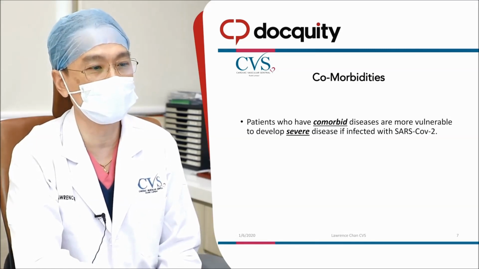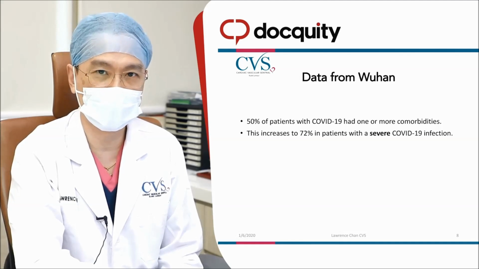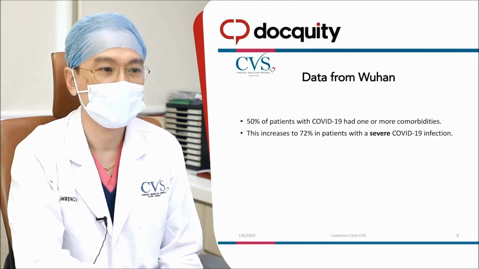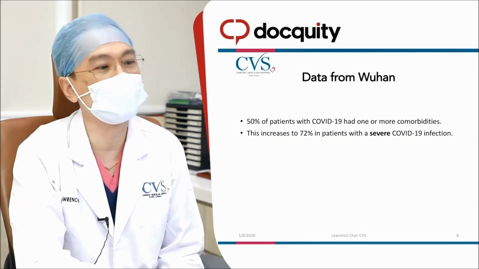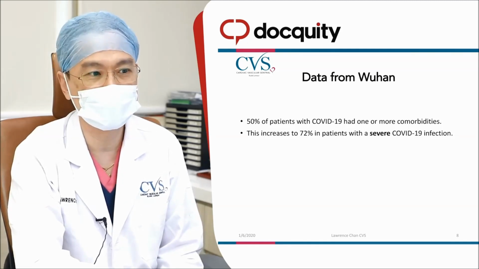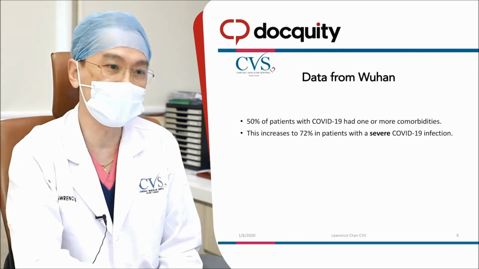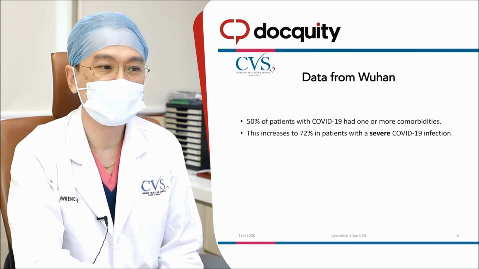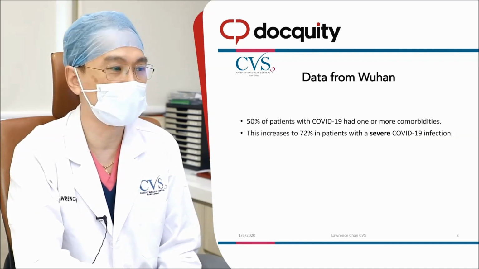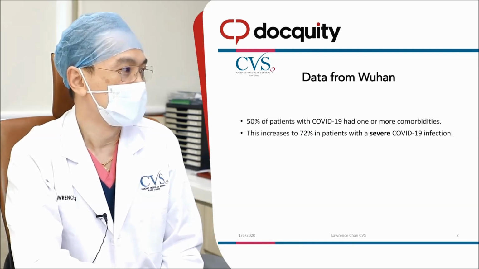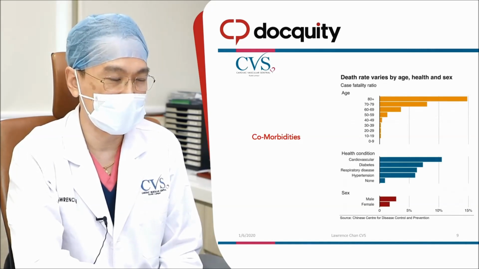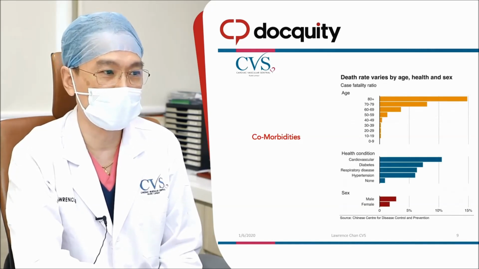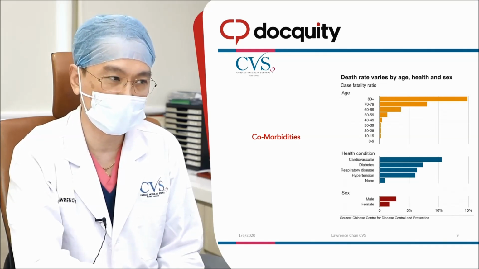Again, looking at Wuhan, 50% of patients with COVID-19, those who got the virus and had disease, had pre-existing illnesses. If you look at those with severe disease, 72% had comorbidities. Looking at this slide, the death rate also goes together with comorbidities.